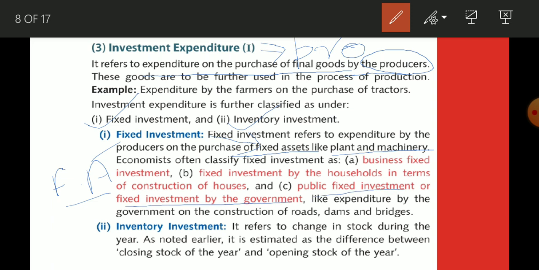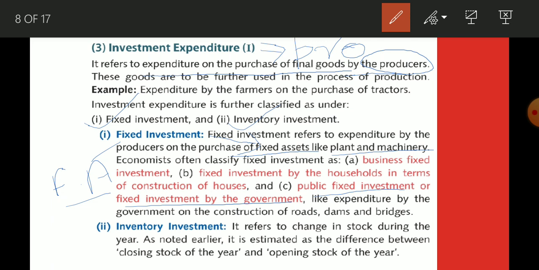You don't require too much explanation of these three, but remember the names of these. Fixed investment means whatever expenditure is done by the producer on the purchase of fixed assets like machines and tools is known as fixed investment.